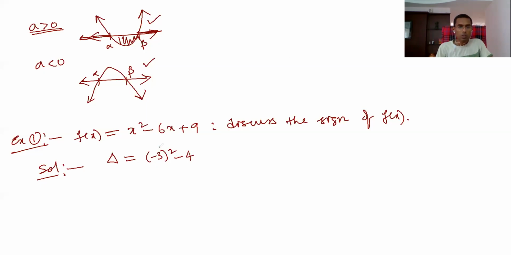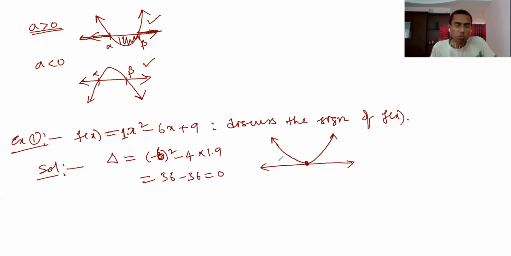Here b square is minus 6 square, so 36 minus 36 equal to 0. So if delta equal to 0, the graph will be like this. You have to understand, since a is positive, the graph will be like this.